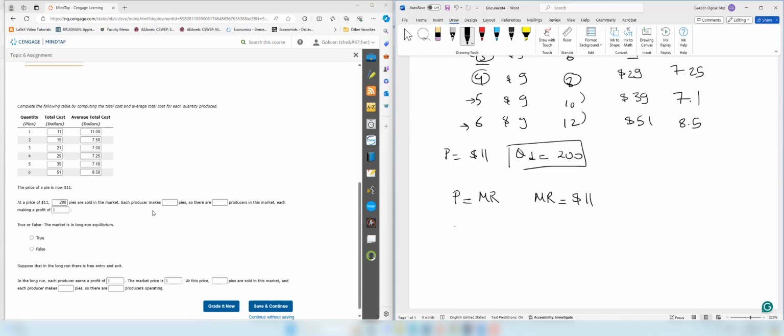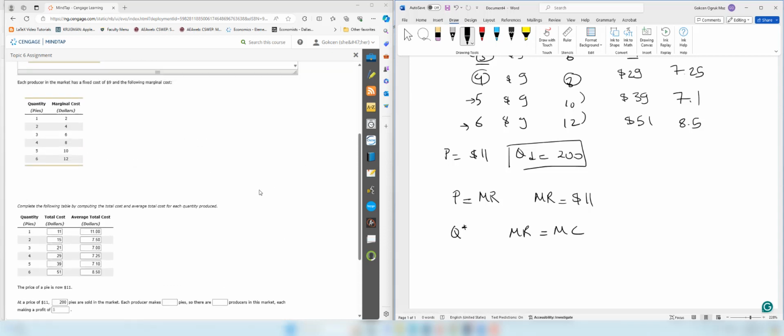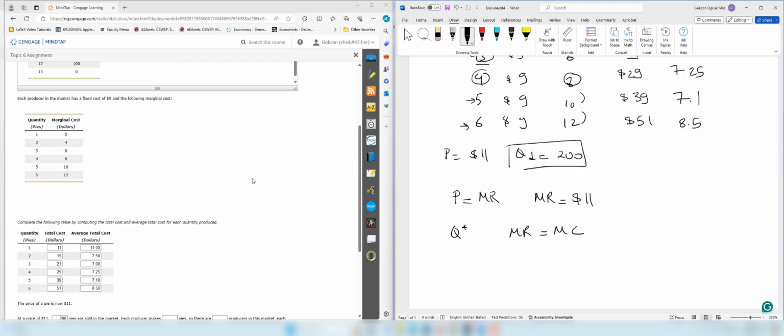And for the profit maximizing quantity, we need this equality: MR should be equal to MC. We need to go to the MC curve and find out if MC is equal to 11 at any quantity. When you scroll down, you will see that at none of the quantities is MC equal to 11.